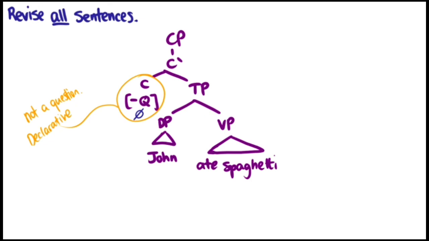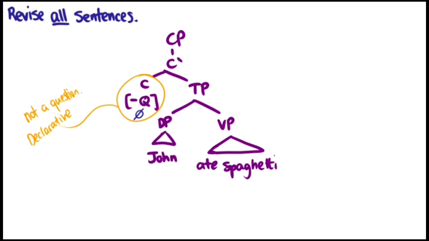So the question is, why do we do this? Well, when we want to form questions, we'll need a complement in all of our sentences anyway, so we might as well include it for our declarative statements as well.